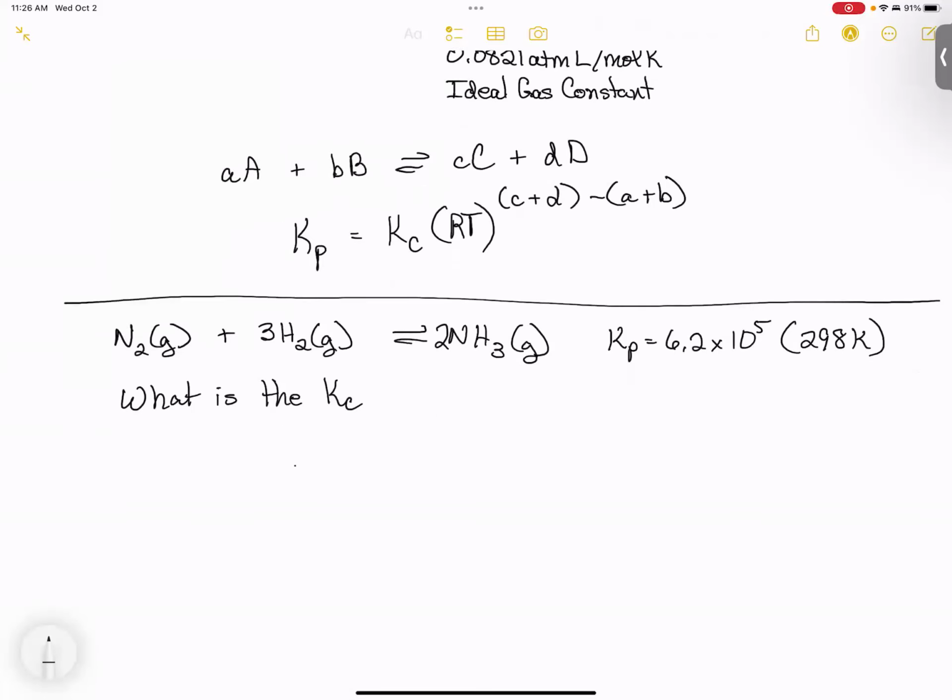Okay, then we would use the equation Kp is equal to Kc times RT to the delta n.